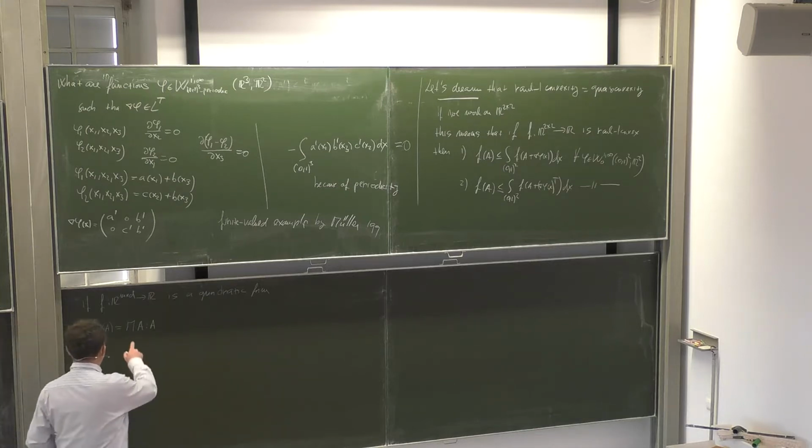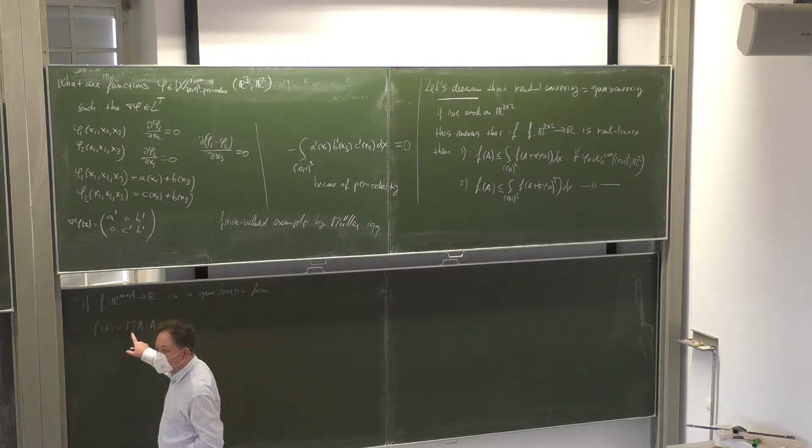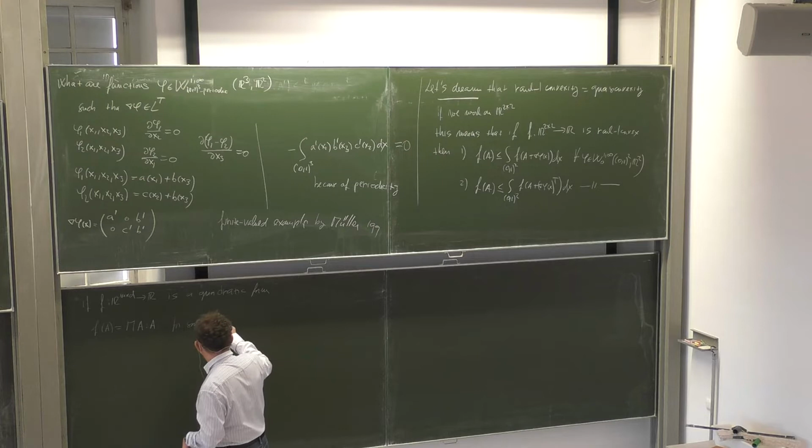So now this M has 4 indices, so this is a matrix which has 4 indices, ij, kl.